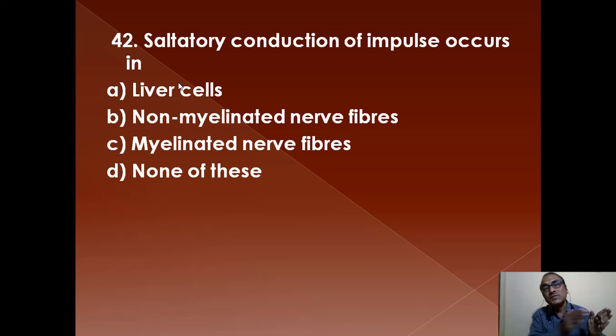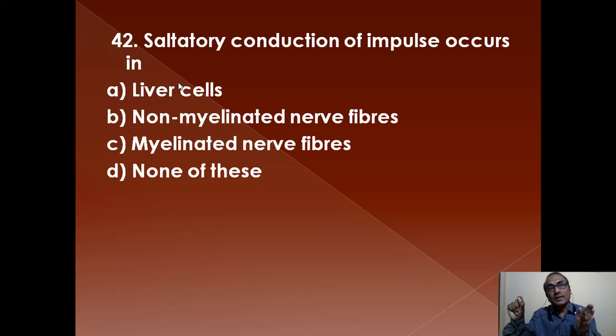When the nerve impulse is moving, it appears as if it is jumping from one node of Ranvier to another node of Ranvier, because wherever there is the insulation of the myelin sheath, the conduction will be fast, and wherever there is no myelin sheath, it will be slightly slow.